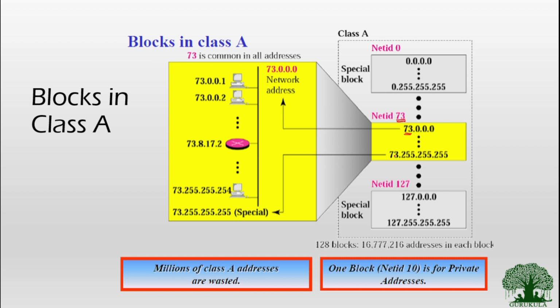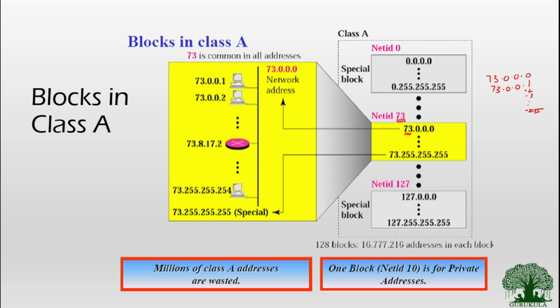So 73.0.0.0 to 73.255.255.255 will be treated as one network, right? What will be the IP addresses running in it? It starts at 73.0.0.0. What will be the immediate next IP address? It will be 73.0.0.1. Likewise .2, .3, and it runs up to .255.